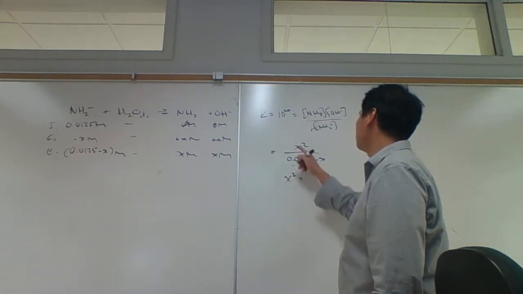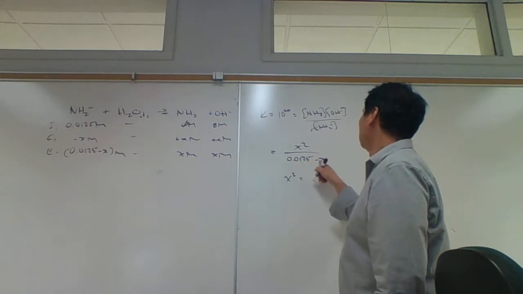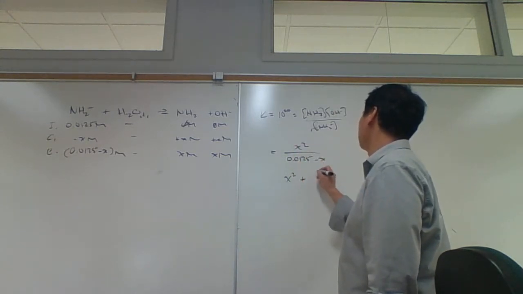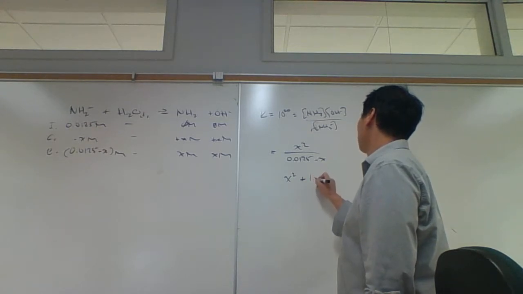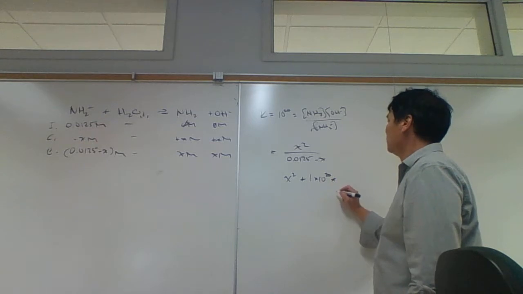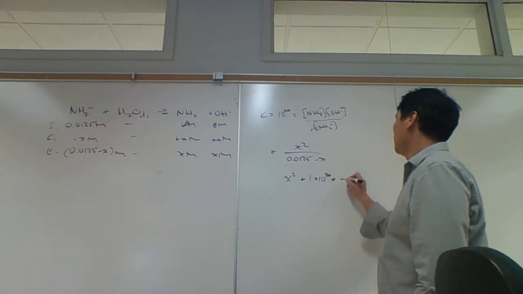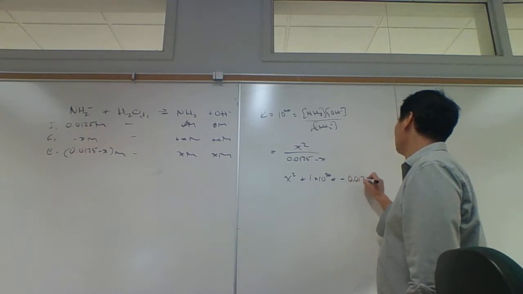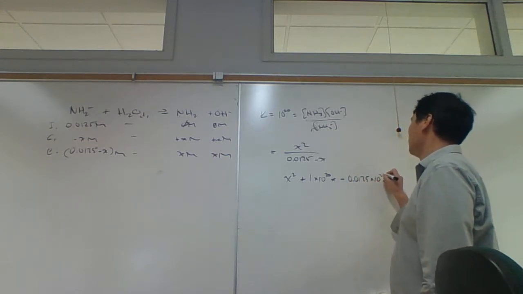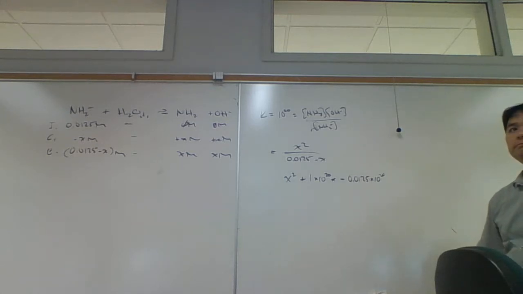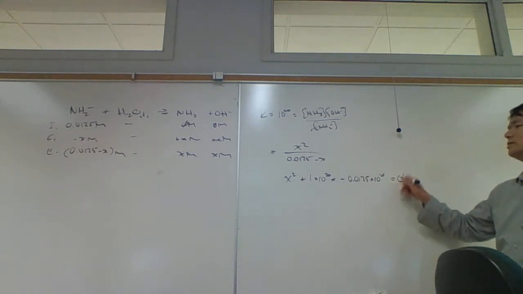So it's going to give us x squared plus, I'll just write it like this in scientific notation, 1 times 10 to the 20th x minus 0.0125 times 10 to the 20th. Is that right? Quadratic, and then this is equal to 0.